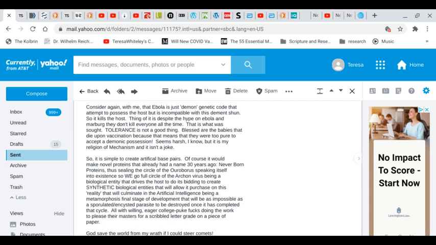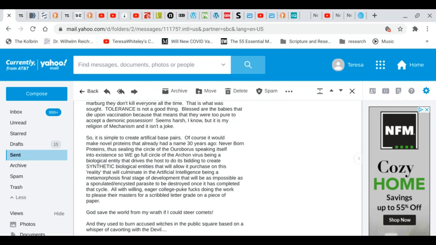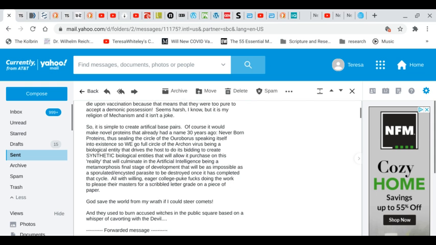So it is simple to create artificial base pairs. Of course, it would make novel proteins that already had a name 30 years ago, never-born proteins, thus sealing the circle of the Ouroboros speaking itself into existence. So we go full circle of the Archon virus being a biological entity that drives the host to do its bidding to create synthetic biological entities that will allow it purchase on this reality, that will culminate in the artificial intelligence being a metamorphosis, final stage of development that will be as impossible as a sporulated encysted parasite to be destroyed once it has completed that cycle.